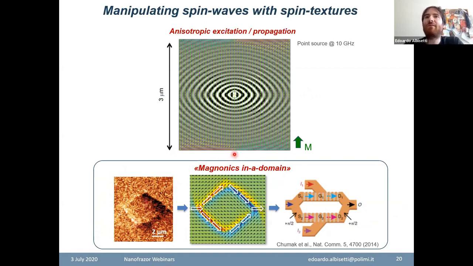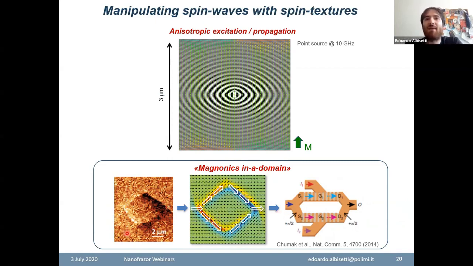And you have to think that normally the magnetic domains in the ferromagnetic layer cannot be controlled very well. And usually what is done is that you apply an external field to have the fewest domains possible in the film so that you can control spin waves very well. Our idea was to do the opposite, so to create artificially different regions, different domains, in order to use these regions for controlling the generation and the propagation of spin waves. And here you see, again, a very naive example of what we could do.